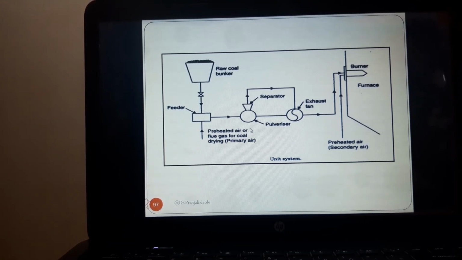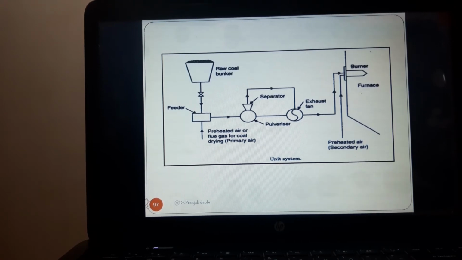Most pulverized coal plants are now being installed with unit pulverizers. The unit system is so called from the fact that each burner or burner group and a pulverizer constitutes a unit. Crushed coal is fed to the pulverizing mill at a variable rate, which is governed by the combustion requirement of the boiler and furnace.